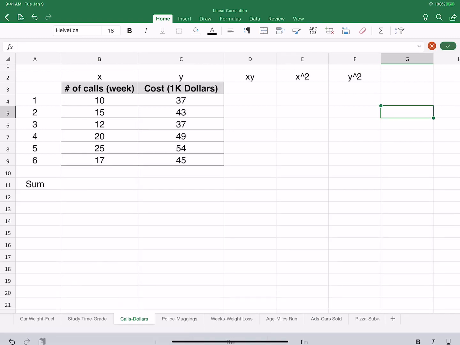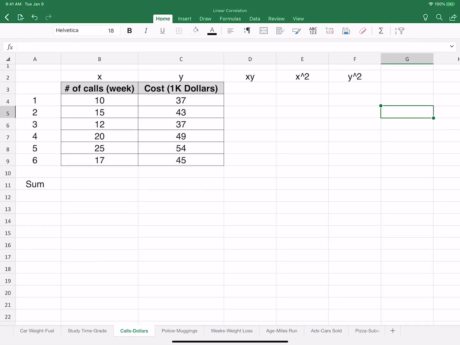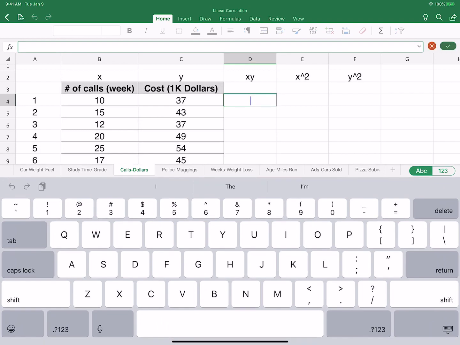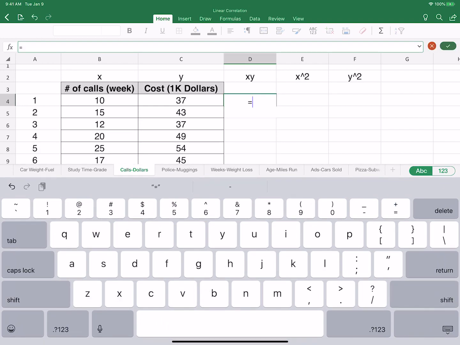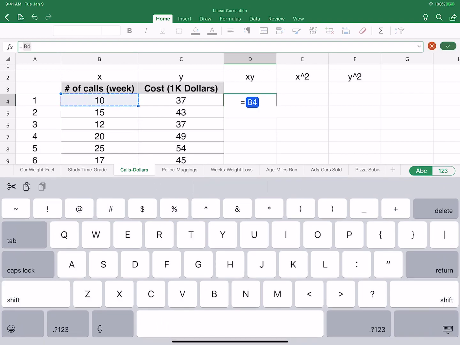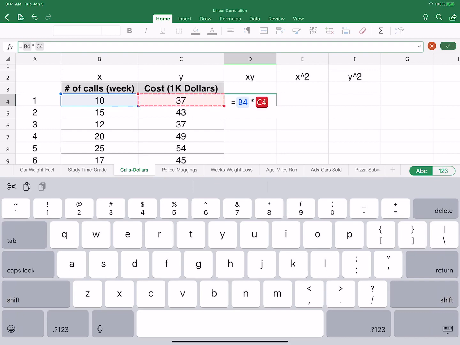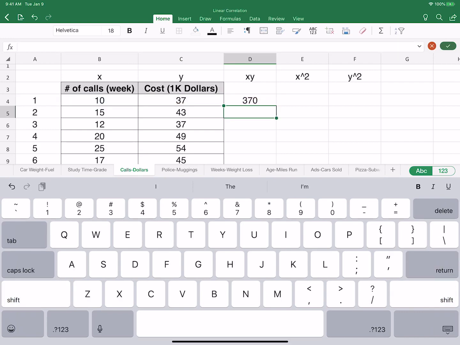Okay. So here's how we're going to find those values. I'm going to enter here equal 10 times that 37. Okay, so that's 370.